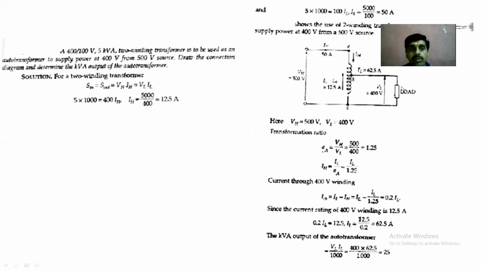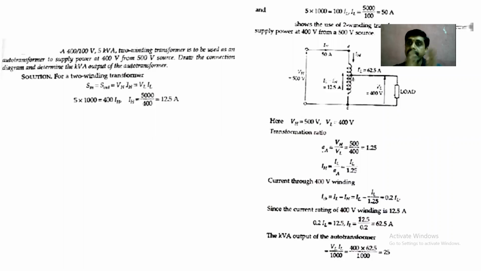So another problem on this two winding transformer. A 400/100 volts, 5 kVA two winding transformer is to be used as an auto transformer to supply power of 400 volts from a 500 volt source. Draw the connection diagram, determine kVA output of the transformer. Initially it is a two winding transformer, then it is converted into an auto transformer.